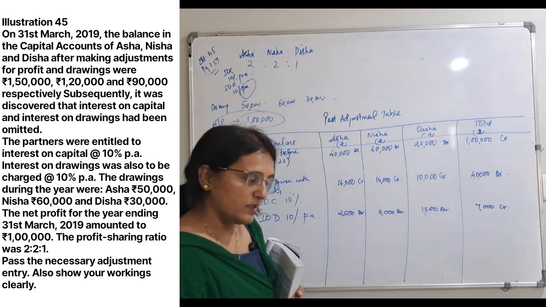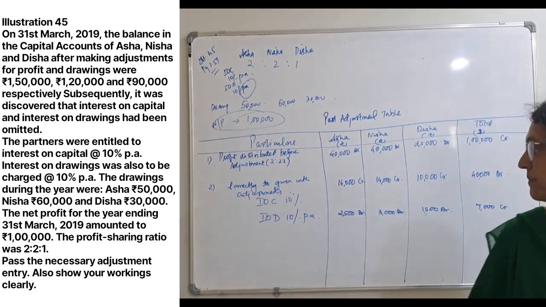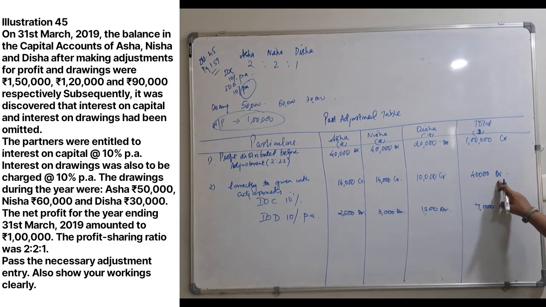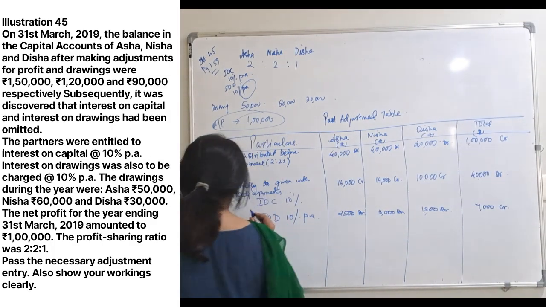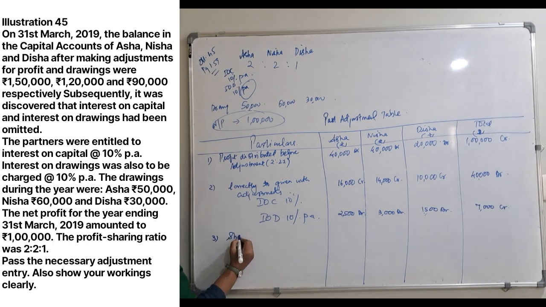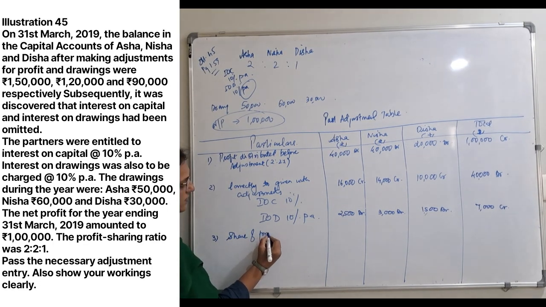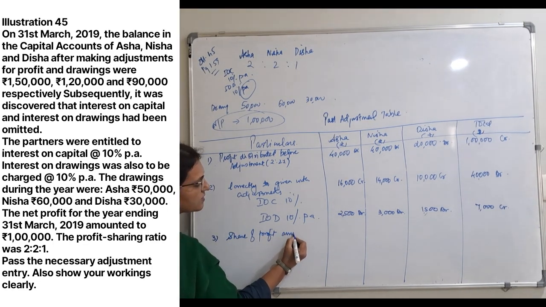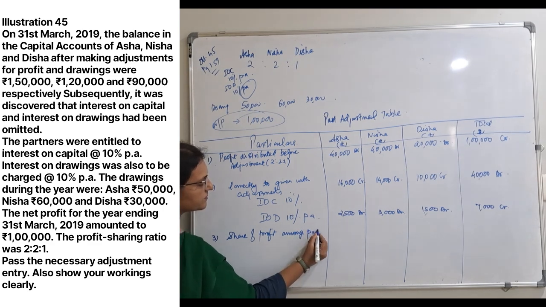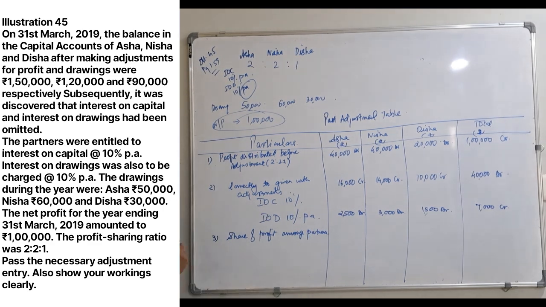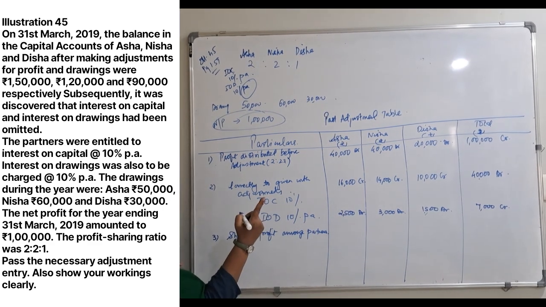Okay. So how much is the total now? If we see, debit is 40,000 and credit is 7,000. So this debit amount is 33,000. So share of profit, just check this, share of profit among partners. How much profit we had? We had 1 lakh, right?